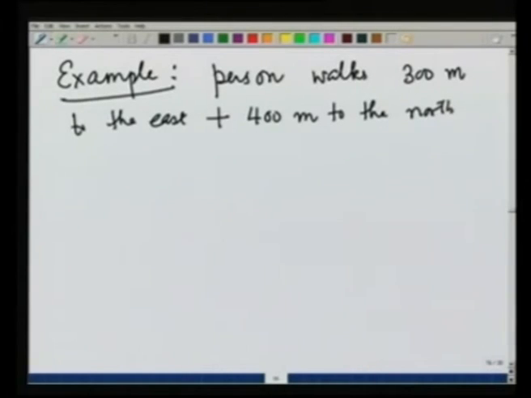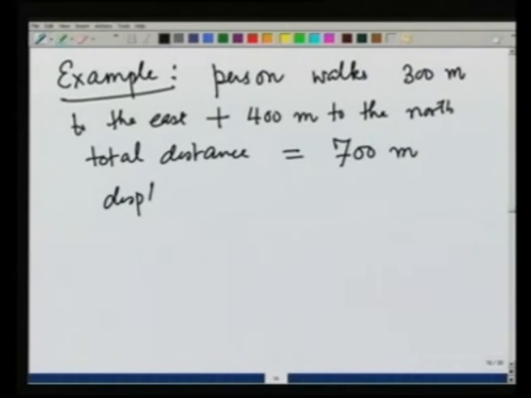We want to ask what is the total distance he covered. This is obviously 700 meters, and then we ask what is the vector displacement, which is a vector quantity, of the person from the original position.